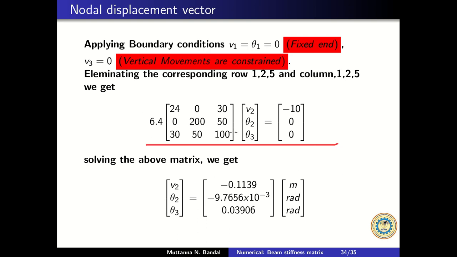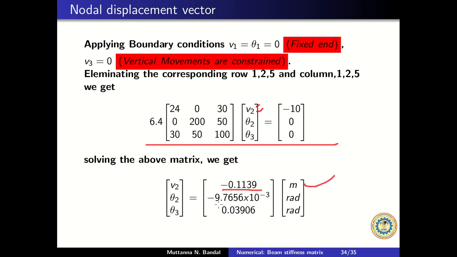I'll take all these parameters and form a new matrix like this. Using the above matrix, I can find the inverse of this and calculate V2, theta 2 and theta 3. You can use a calculator for calculating this. Upon simplification, I get the displacement at node 2, that is V2 is equal to minus 0.1139 meters.